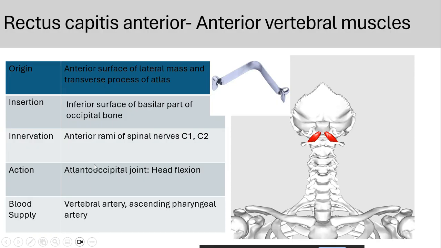That's the atlanto-occipital joint, where the atlas and occipital bone join. The action is head flexion. Blood supply is the vertebral artery and the ascending pharyngeal artery.